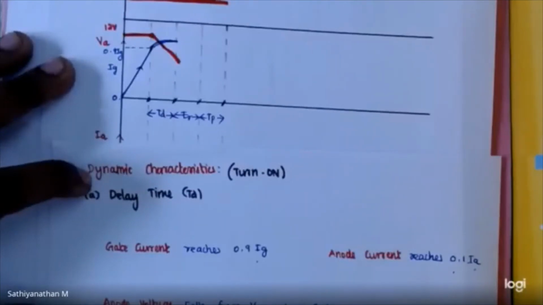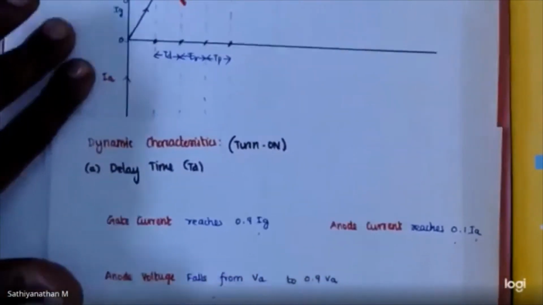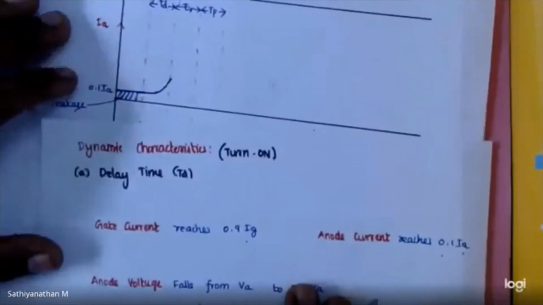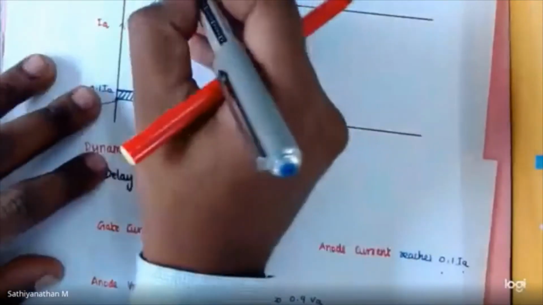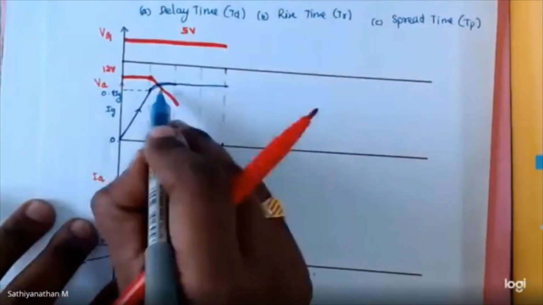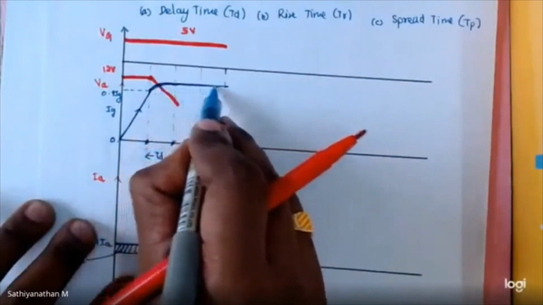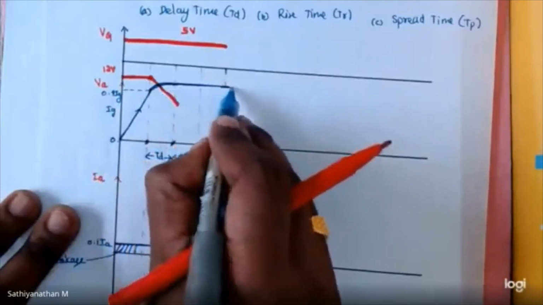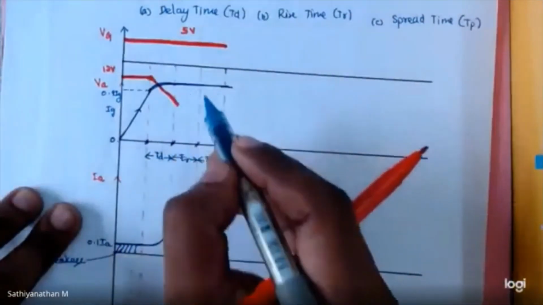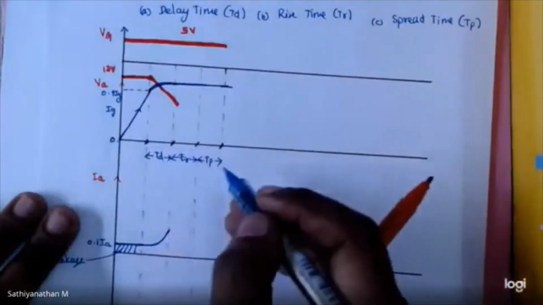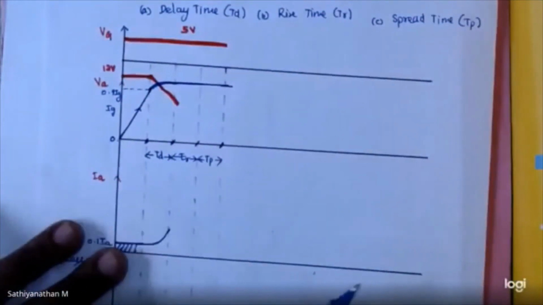Okay, thank you. So next one is rise time of the device. If you look at the curve, now your gate current is almost constant. The required gate current of the device is given. So your gate current is almost constant. It is higher than 90% of its value, right? So now the device starts to conduct.